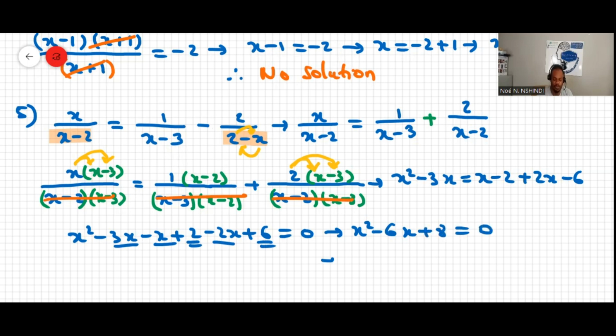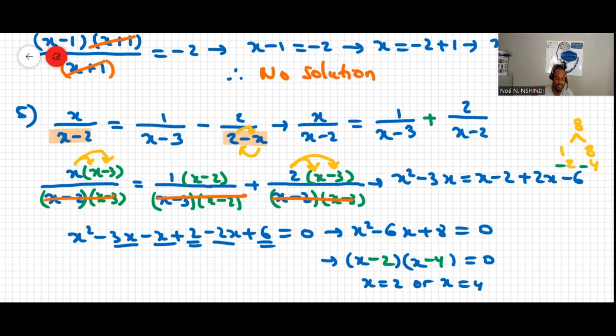Now we have a trinomial to solve. I'll look at 8 there. The factors of 8 are 1 and 8, 2 and 4. And we can get negative 6 if they are negative 2 and negative 4. Then the answers here must be x equal to 2 or x equal to 4. Now, I didn't state the restrictions yet.